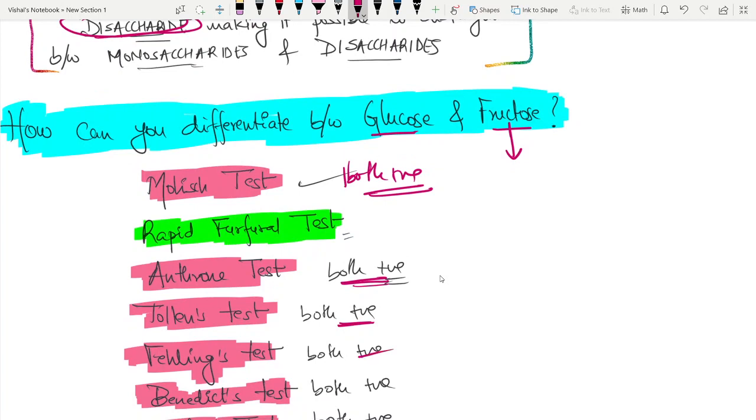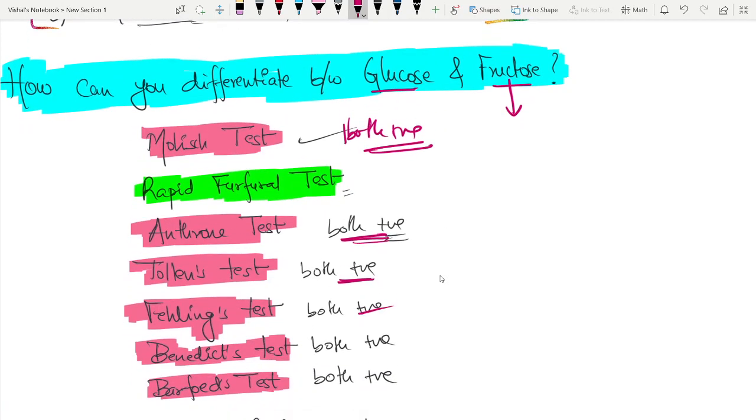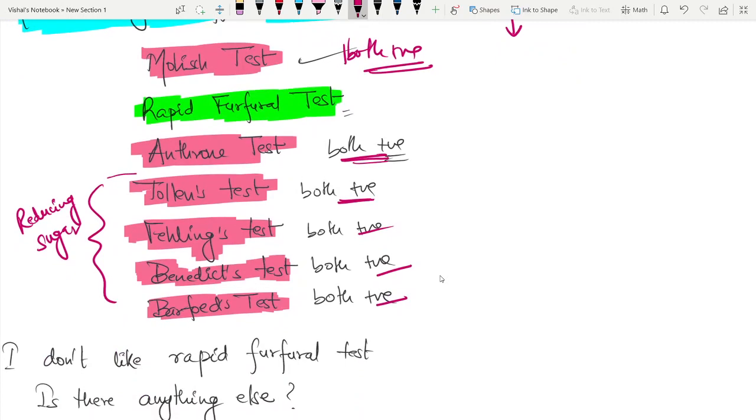So Fehling test also both positive, Benedict's test also both positive, Barfoed test also both positive. These four tests are based on reducing quality of sugar, right? And then someone can say that I don't like the rapid Furfural test because it's based on the speed. Mechanism is same and the test will happen for both of them, and it's only based on the speed.